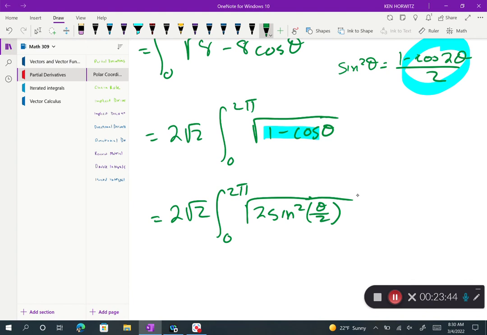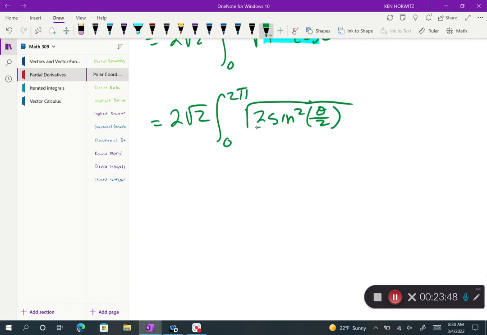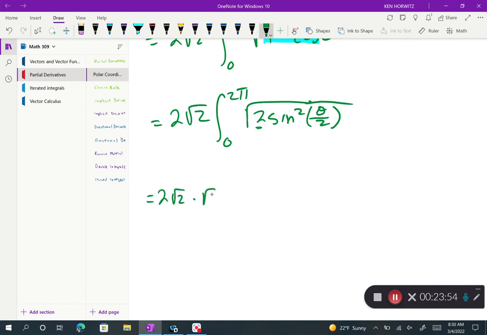All right. So again, I have a radical 2 over here, so I'm going to bring that out. So I have 2 radical 2 times radical 2, 0 to 2 pi, and I'm left under the square root with sine squared theta over 2.